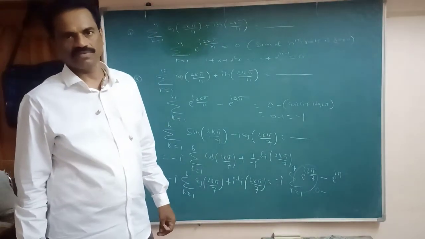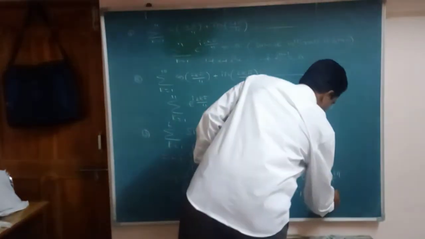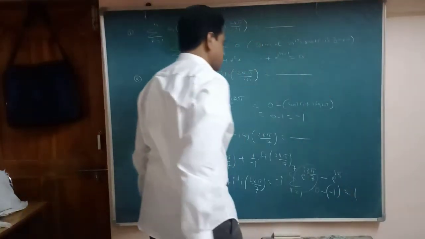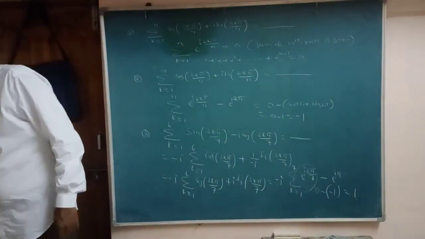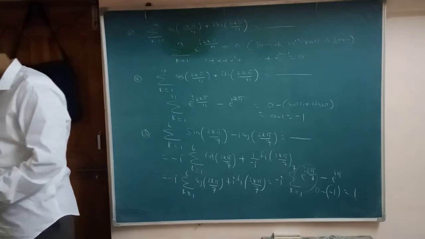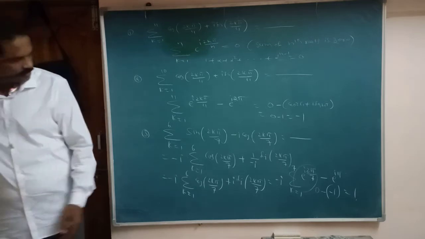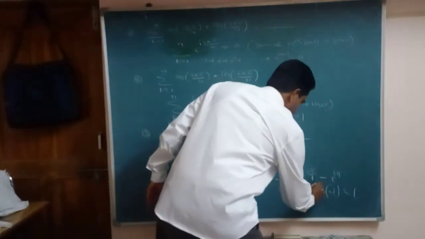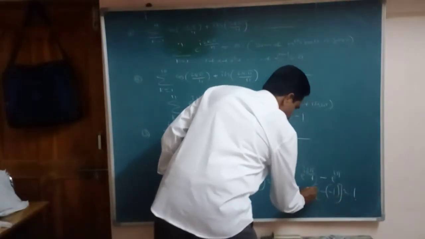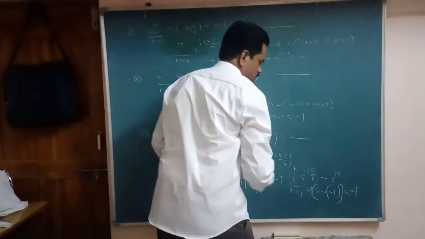Cos 180 is minus 1 in the second quadrant, so minus of minus 1 is plus 1. Before that, minus I is there, so minus I into 1 gives minus I.